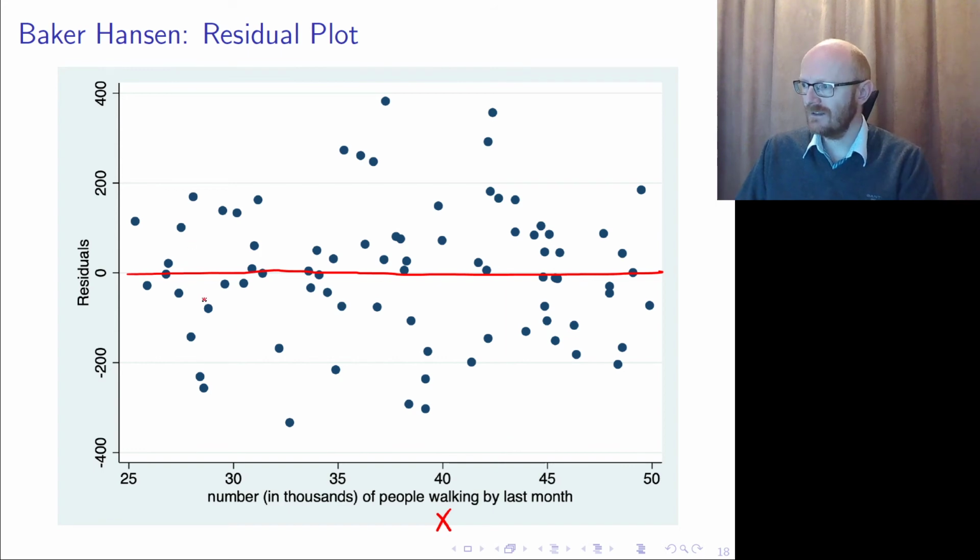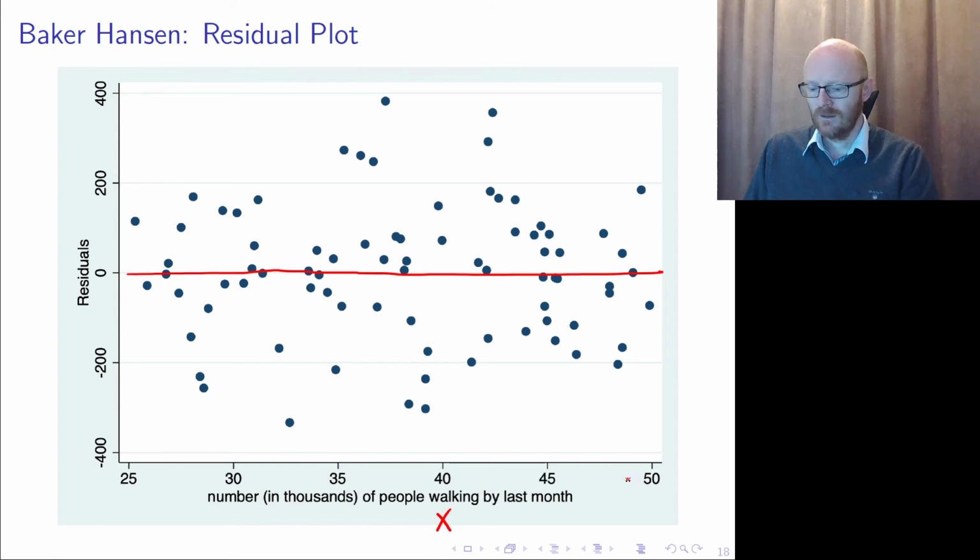They look quite random, and they seem to be drawn from a distribution which has constant variance, no matter what the x variable would be.